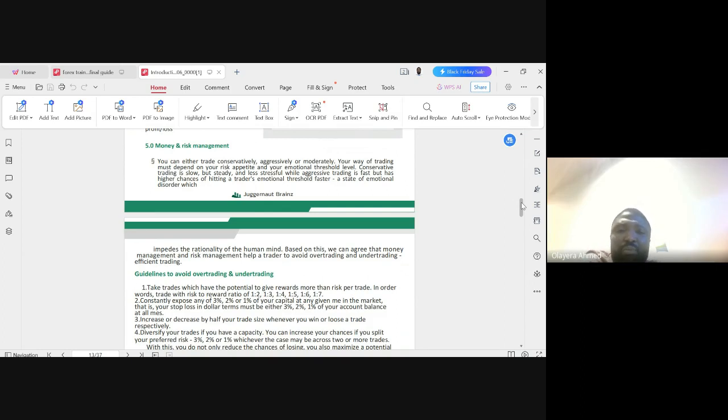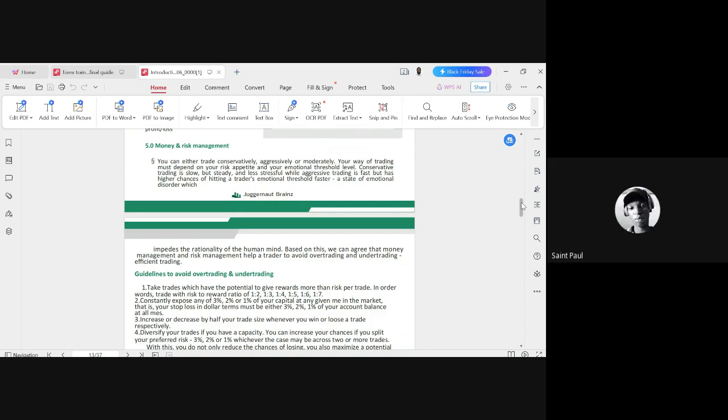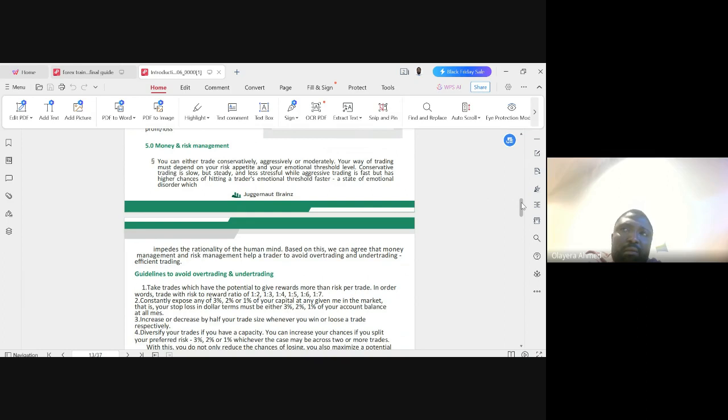Okay, for example, if you have an account of $100, right, and then you trade 10 times.